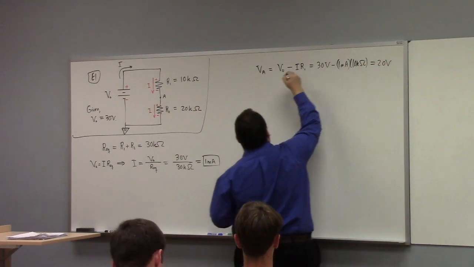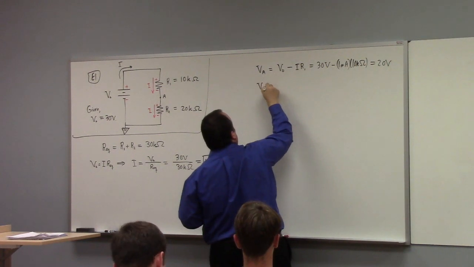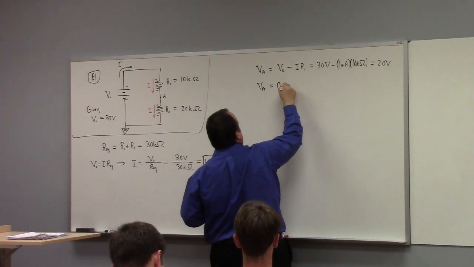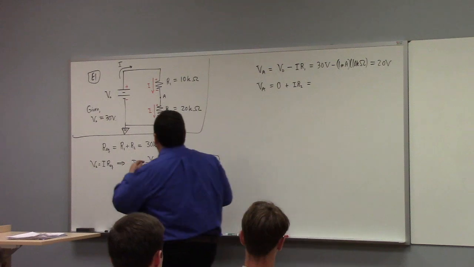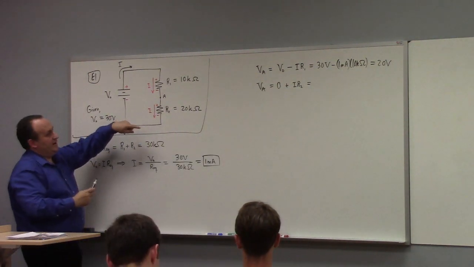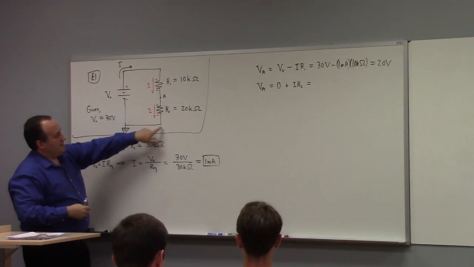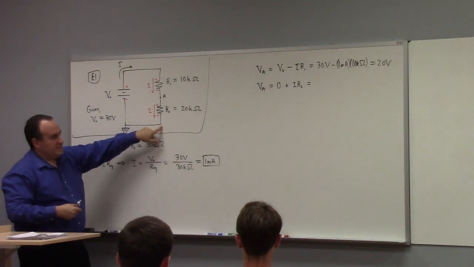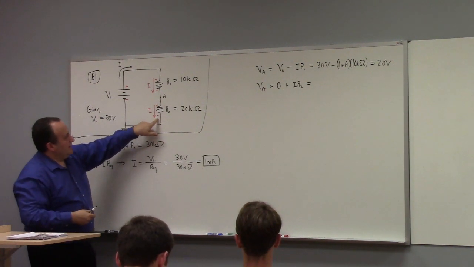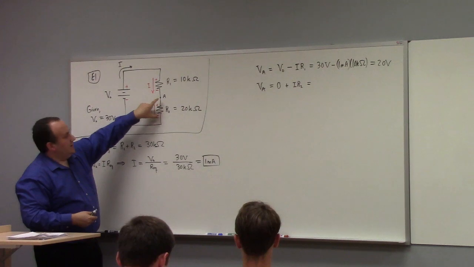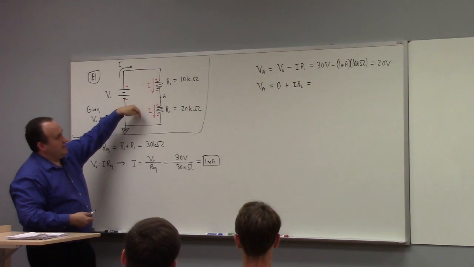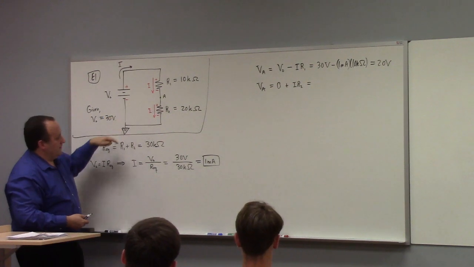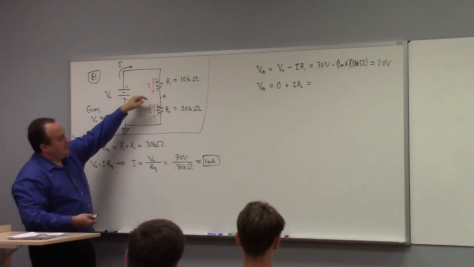The other way we could look at it is VA is equal to 0 plus I R2. Because the other way to get to A is you start from here, which is by definition 0 volts, and we go minus to plus. That's an increase in voltage since the current's flowing that way. And we just found that the current's positive, so it really is flowing that way.